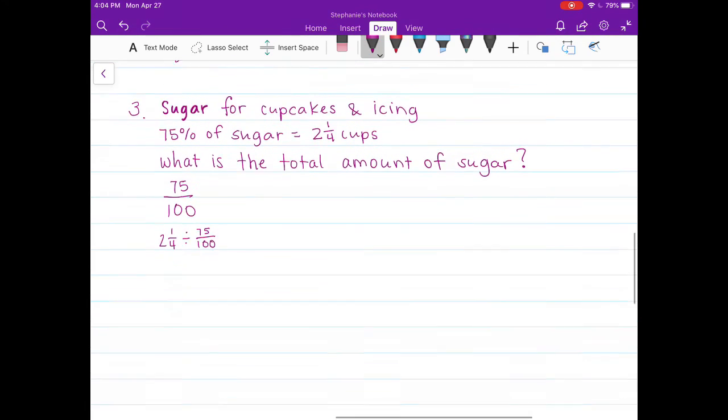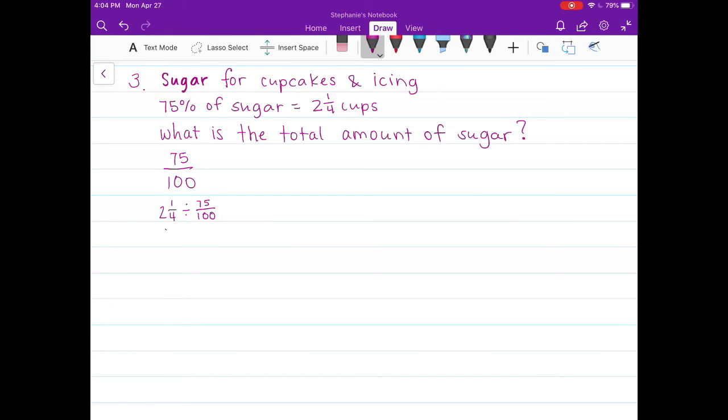But before I do this division problem, I'm going to simplify my terms a little bit. I want to make 2 1/4 into just a fraction, not a mixed number. And I'll go ahead and reduce 75 over 100 to 3 over 4, because I know that 75 divided by 25 is 3 and 100 divided by 25 is 4.